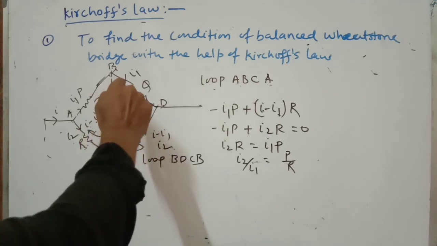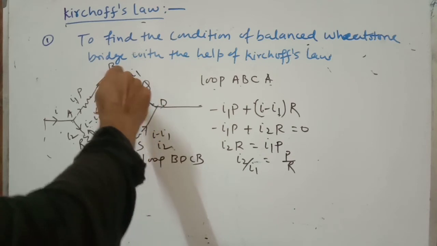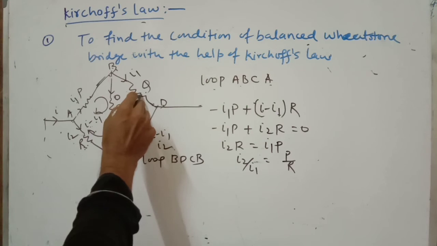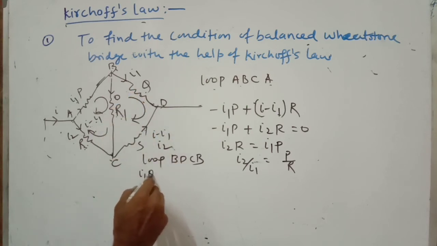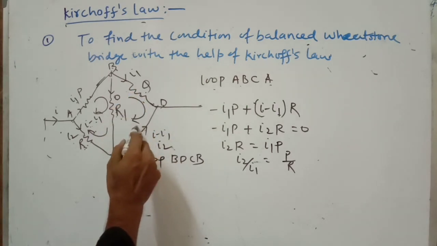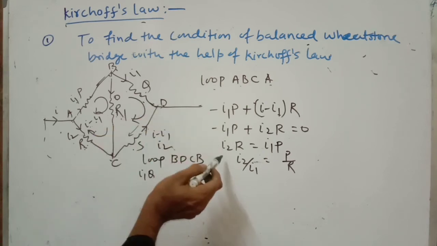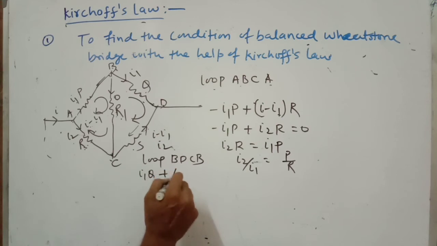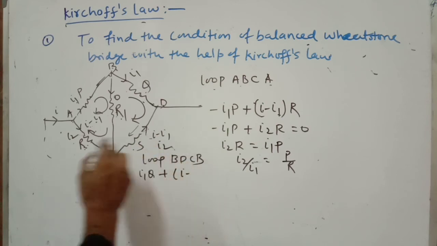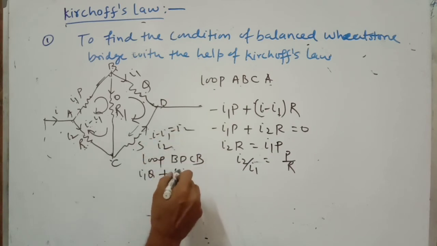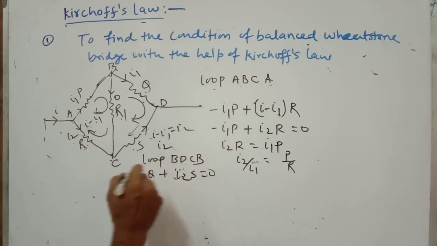Here your considered direction is the same as the direction of current through the resistance Q, so we write the potential difference across this resistance as I1Q. And here your direction and current direction through this resistance are opposite to each other, so write positive of I2, so I2S equal to 0.